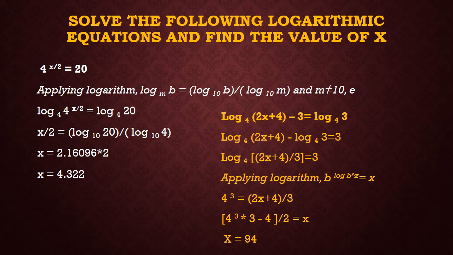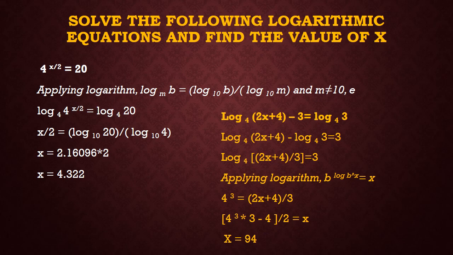Now the next question is log base 4 of 2x plus 4 minus 3 is equal to log base 4 of 3. Take out all log terms on one side and simplify it further. When we do so, we get log base 4 of 2x plus 4 minus log base 4 of 3, and this gives you 3.